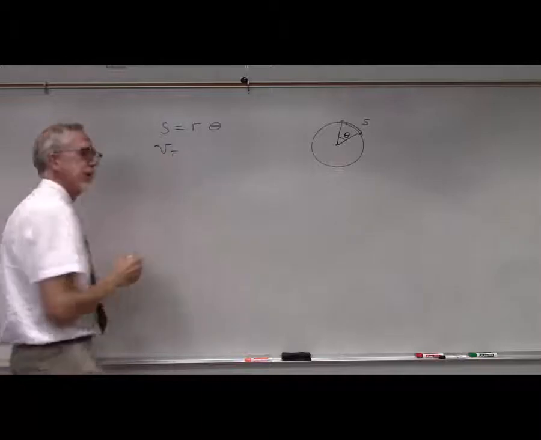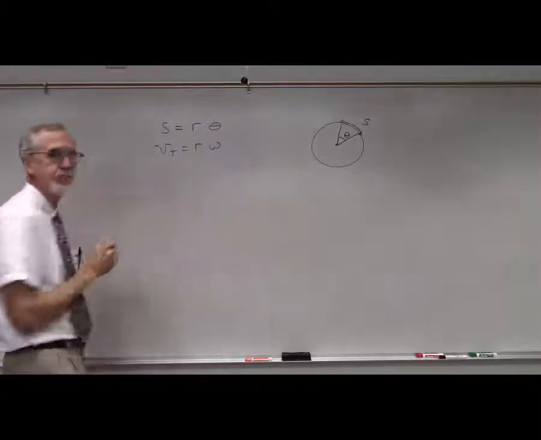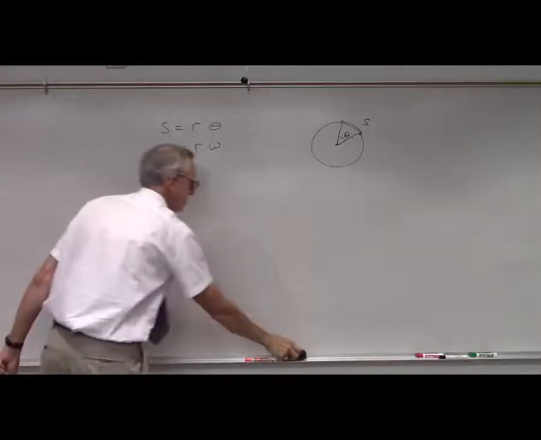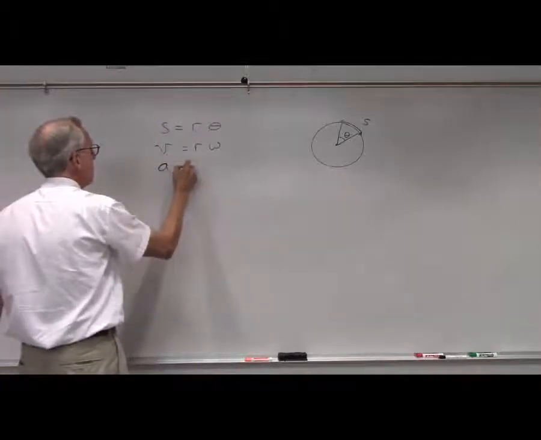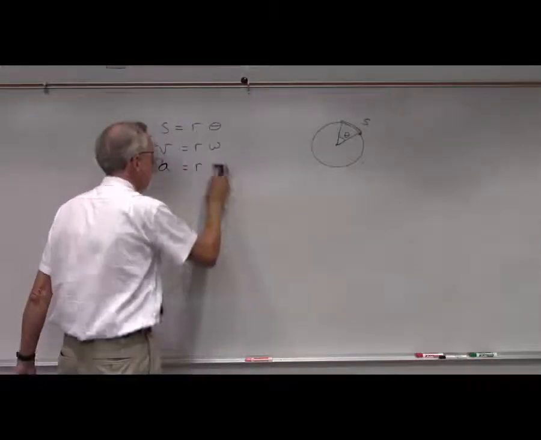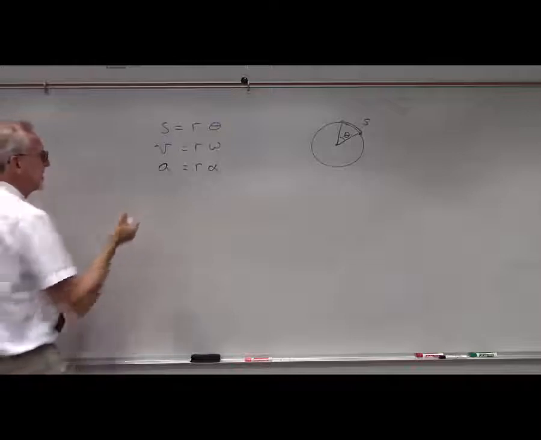The tangential speed is equal to r omega, or using the term that we did before, just v. v equals r omega. a equals r alpha. But let's be a little bit careful.